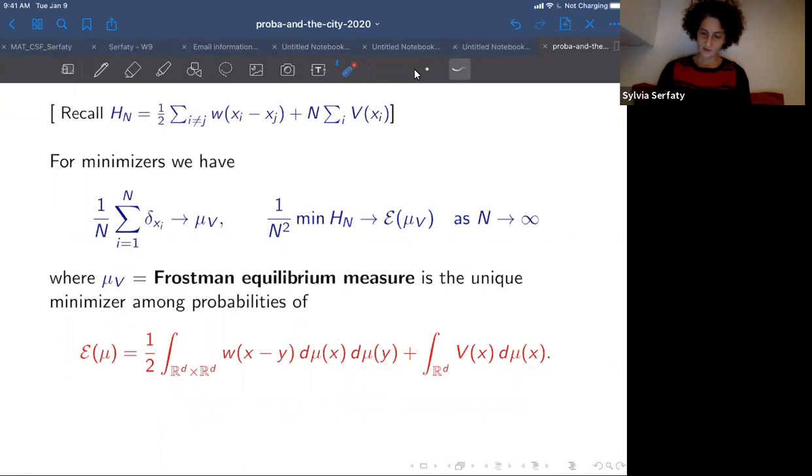Right? So instead of having discrete charges, you sort of spread the charge. And you can minimize this thing over probability measures. And if your V grows sufficiently fast at infinity, there will be a unique minimizer because it's convex. And that unique minimizer is called the Frostman equilibrium measure. I would call it the equilibrium measure.